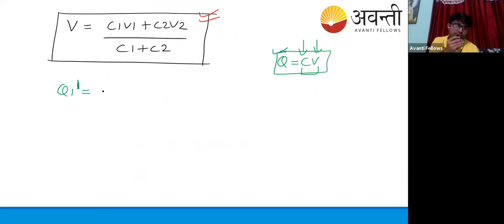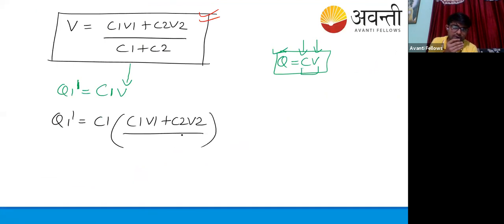So Q1 dash will be equal to the capacitance of this capacitor, which is always C1, initially and finally, multiplied by the common potential difference throughout the system, V. So the answer is Q1 dash equals C1 into (C1 V1 + C2 V2) upon (C1 + C2).